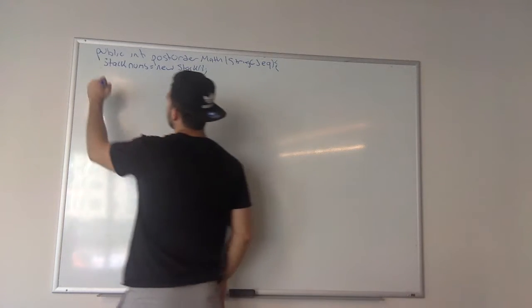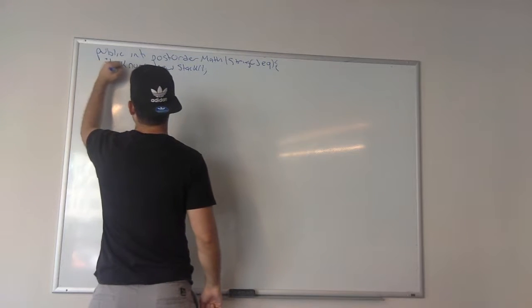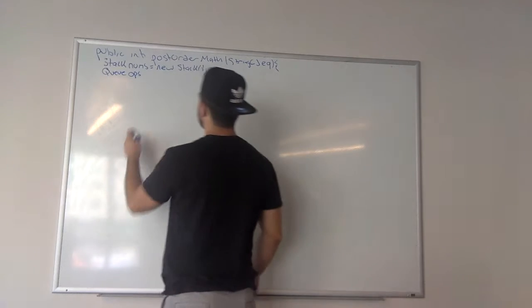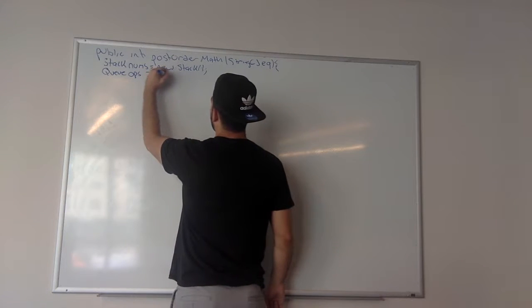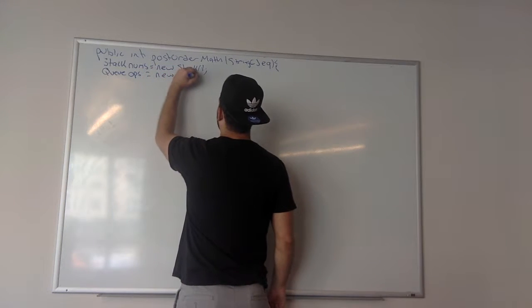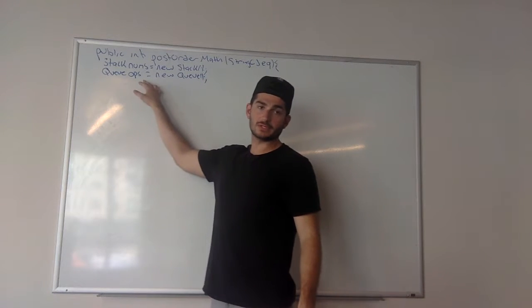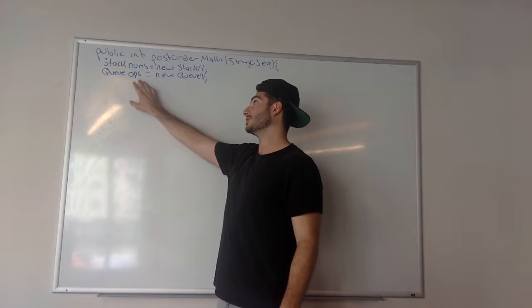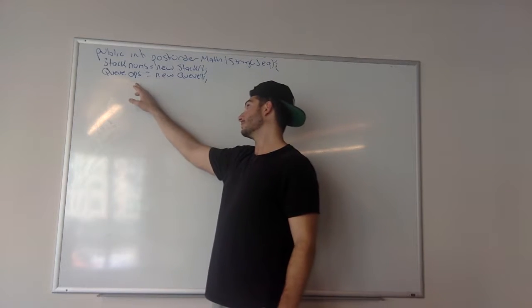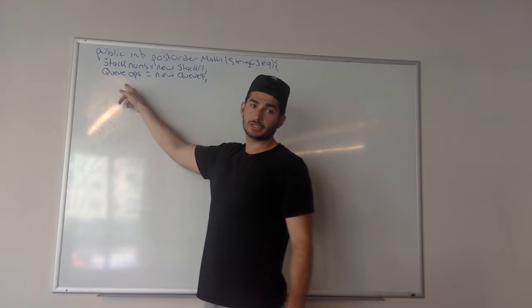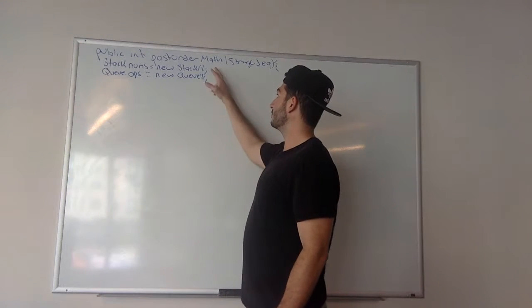And then the queue I'm going to call ops for operators. So this will be responsible for holding all of the operators we're dealing with in the equation, and it may also hold some numbers depending on the order of operations of the post-order representation of the equation. So now I have my stack and my queue.